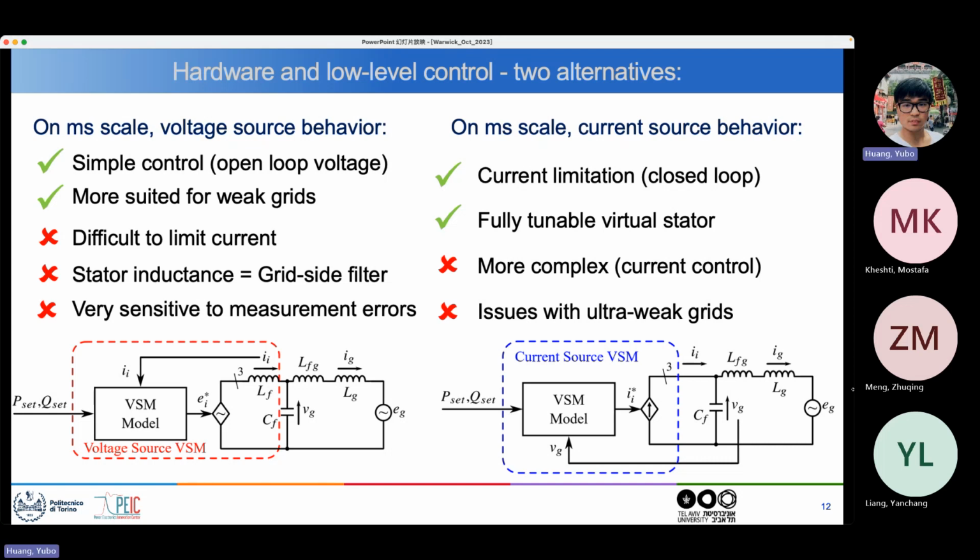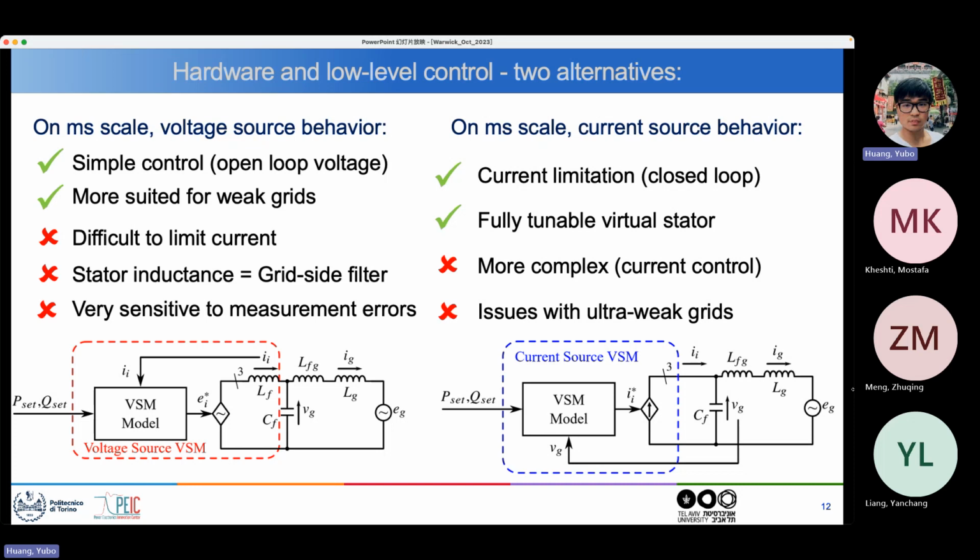When you think of the first step of how to realize this, you say, okay, I have the differential equation of a synchronous machine. I can run a simulation of it. And then what should I do? Should I create a voltage source which creates exactly the same voltage that a synchronous machine would provide, and then put this voltage on the filter of my inverter?